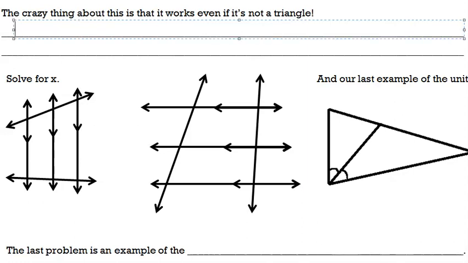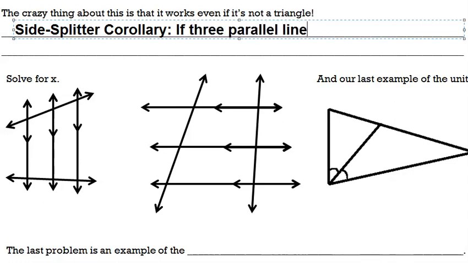So the next 2 examples are actually what you would use the side splitter corollary for. Basically, what we're doing is we're taking the concept of the side splitter and we're using it in a different situation with 3 parallel lines. If 3 parallel lines intersect 2 transversals.